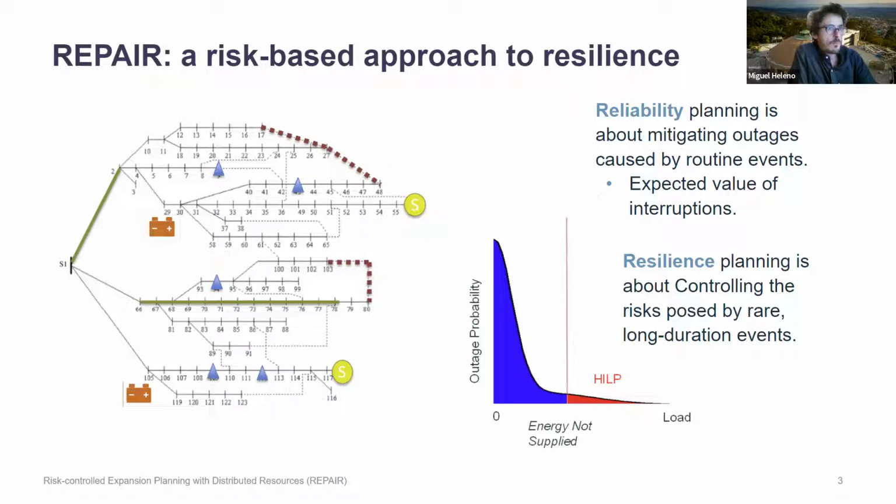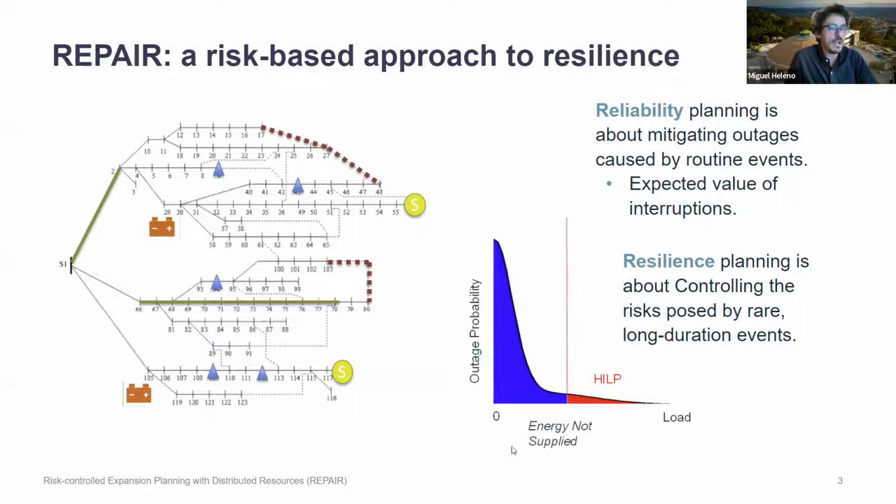And when we plan this with a reliability objective, we are usually looking at things that can happen. We organize them in terms of scenarios, and the scenarios have a probability of occurrence.